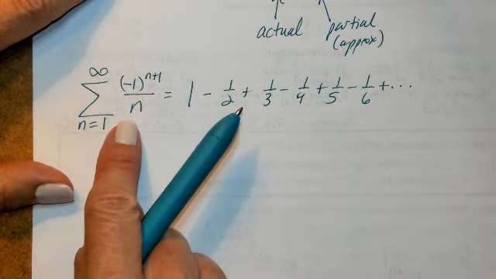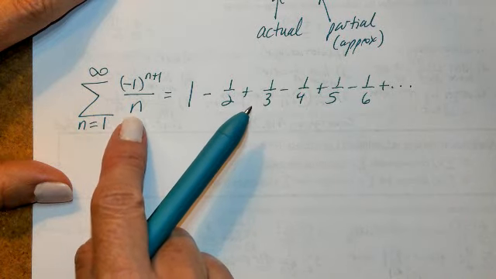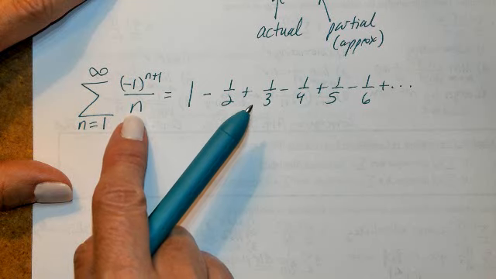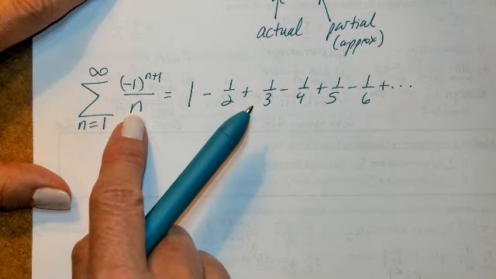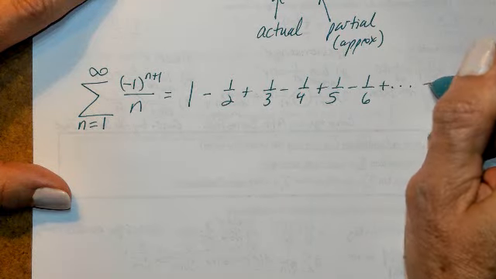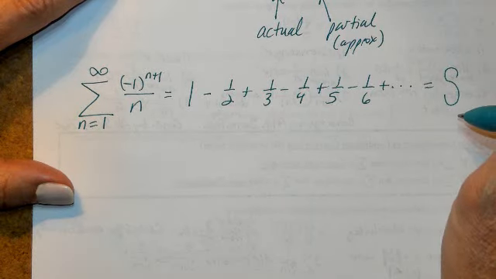It converges by the alternating series test. And it's also the alternating harmonic series. So now we can just say it's the converging alternating harmonic series. So I know that this is equal to some number.